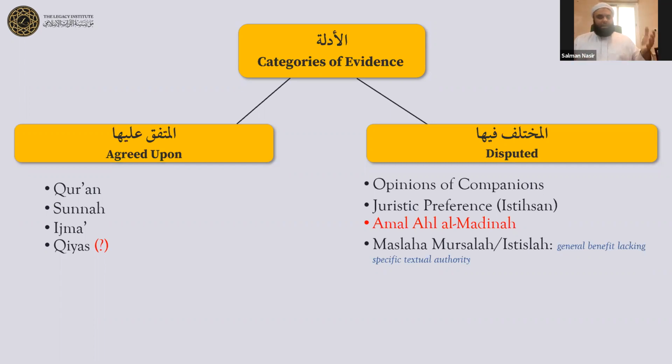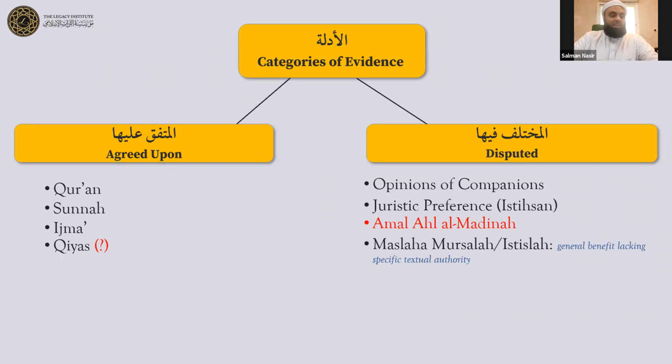But with all of that said, the most important question concerning istihsan, or I think the most important question that we have to start with in figuring out the status of istihsan, is the historical element once again.